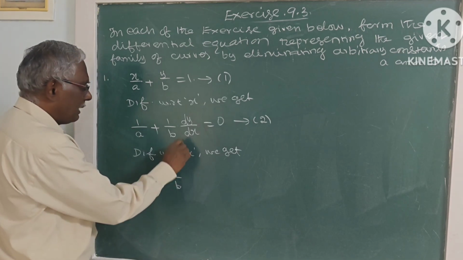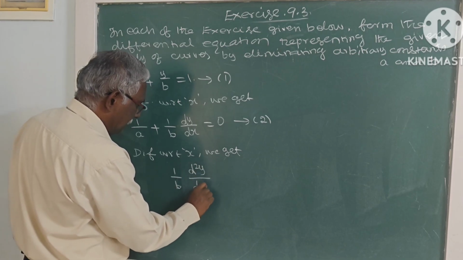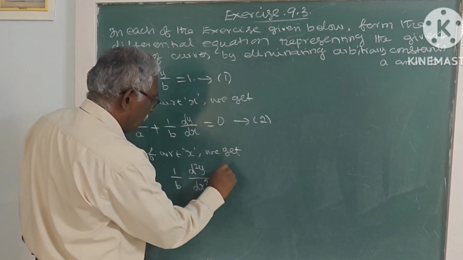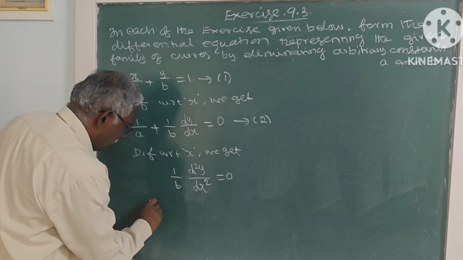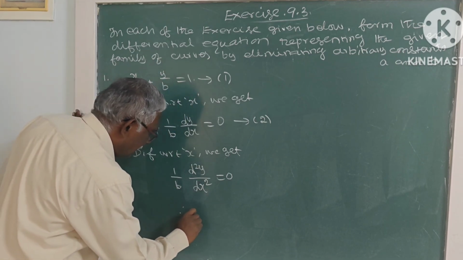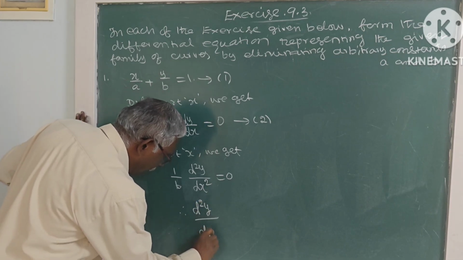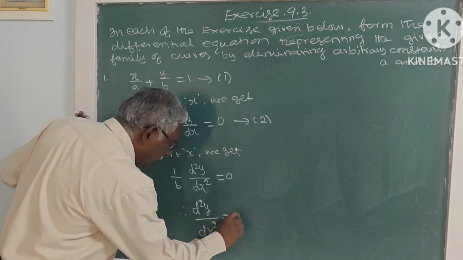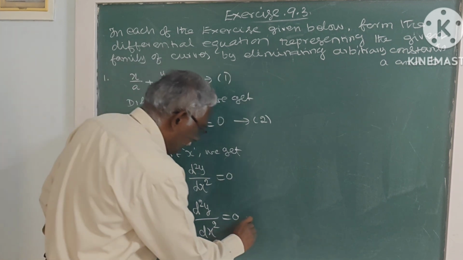We get 1 by b into d square y by dx square is equal to 0. This gives d square y by dx square is equal to 0. This is the required differential equation.